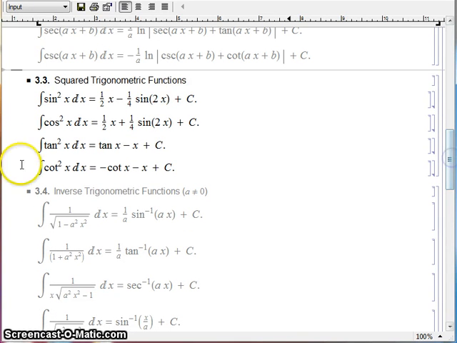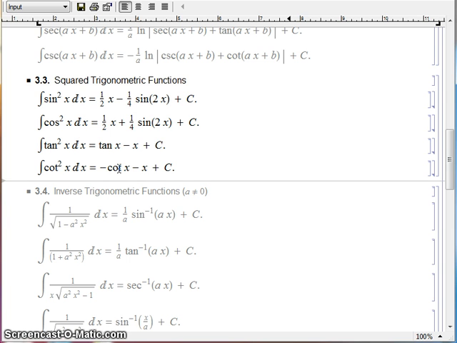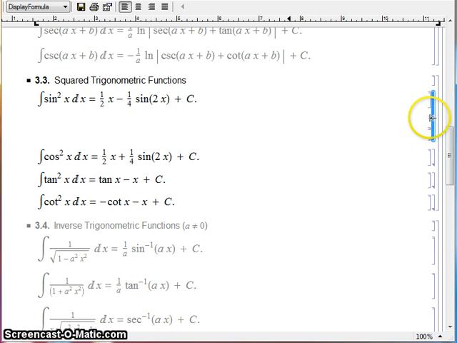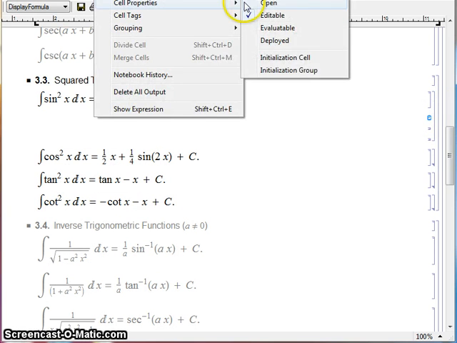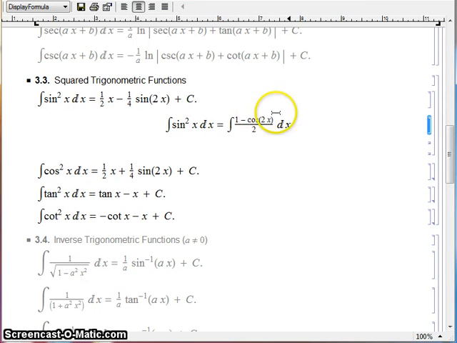Here are some more rules. Antiderivatives of square trigonometric functions. These, if you want to memorize them, fine, but I think everybody should know the derivation as well. How do you calculate the antiderivative of sine squared? We use this half angle identity or power reduction identity.